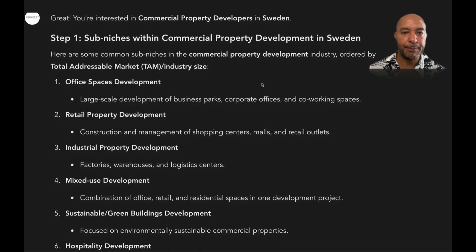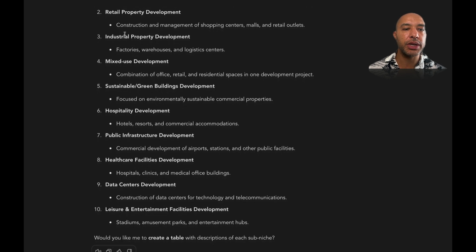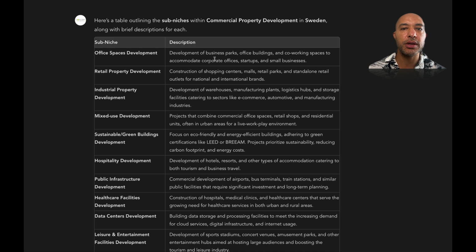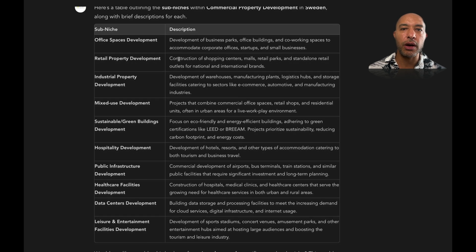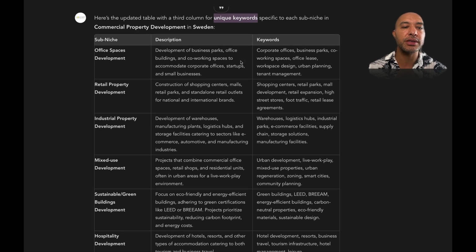We're going to employ my assistant here, and it's going to spit out a bunch of sub niches within the overall industry that we could potentially reach out to. And then it's going to outline a short description of what these niches really are and how it looks. From there, we're going to find the unique keywords, and this is really helpful for the targeting. Once we go out to build a list around the sub niches, we know potentially what keywords we could use to actually find these businesses.